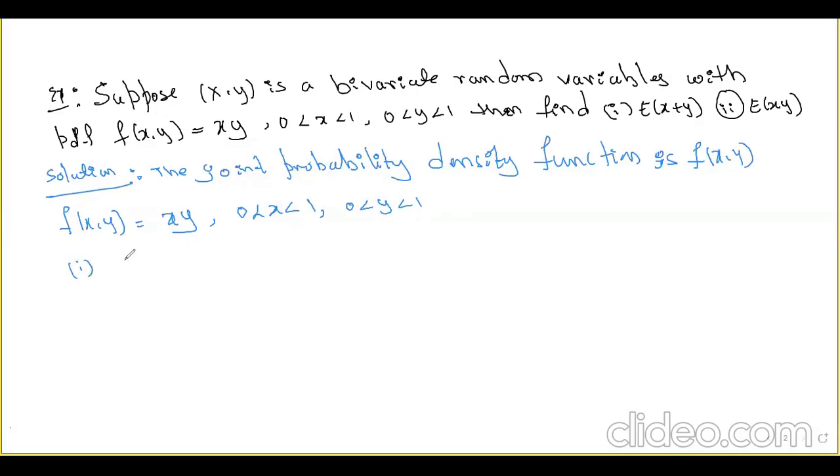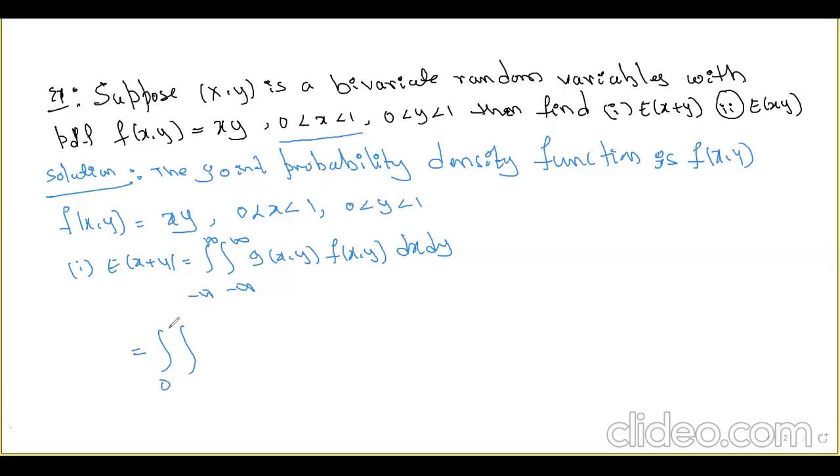The first one: what I require is the expected value of x plus y. So here g of x, y is nothing but x plus y. So the double integration from minus infinity to infinity of g of x comma y, f of x comma y, dx dy is equal to the integration as it is, but here the lower limit of x is 0 and the upper limit is 1, and for y also 0 to 1.